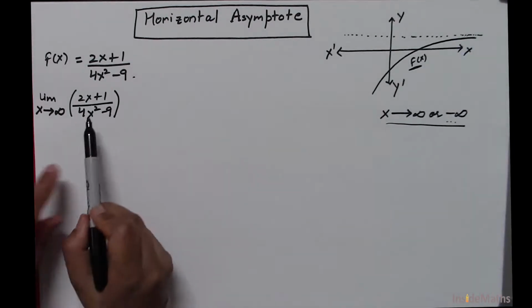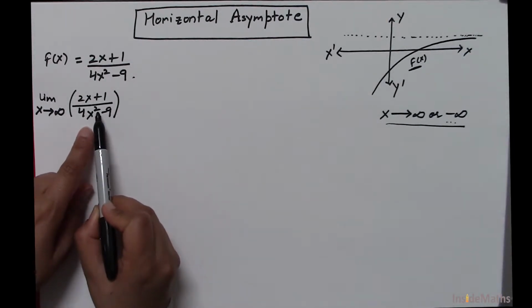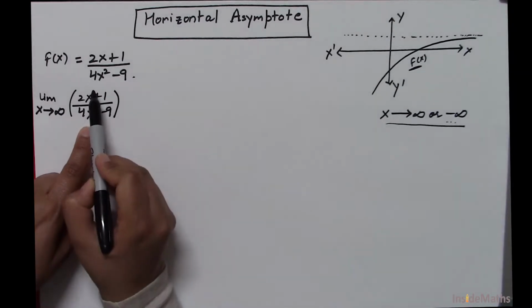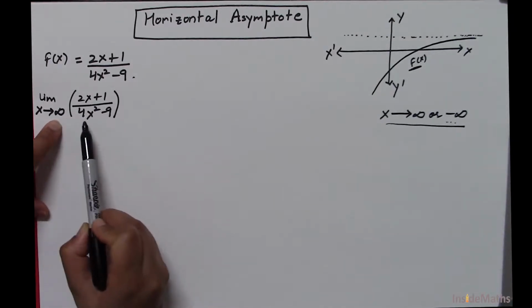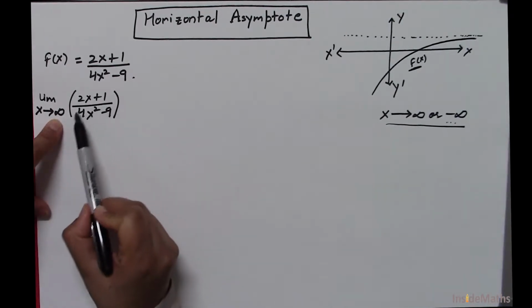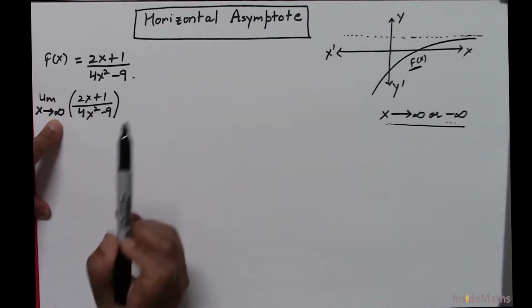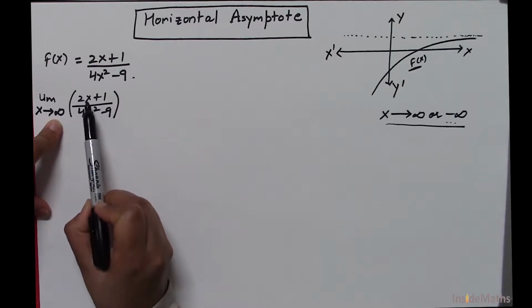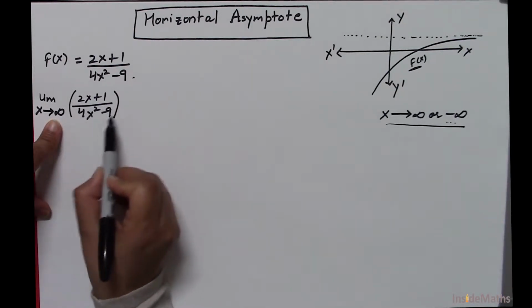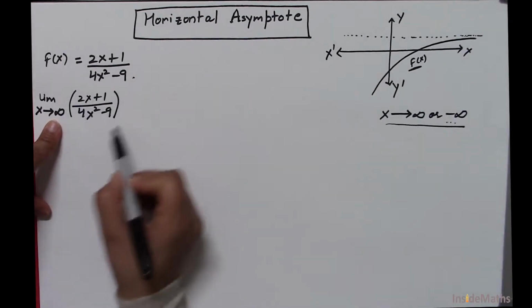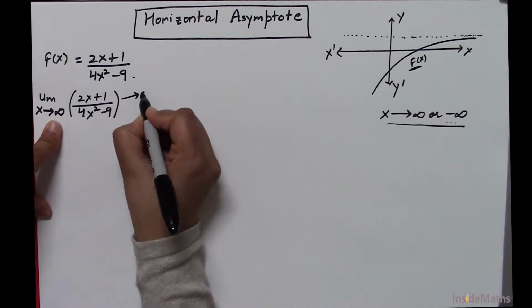Now, here, as the degree of denominator is more than the degree of numerator and x is approaching infinity, that means the value of denominator is arbitrarily large as compared to the value of the numerator. And when the denominator is arbitrarily large, the whole fraction approaches 0.